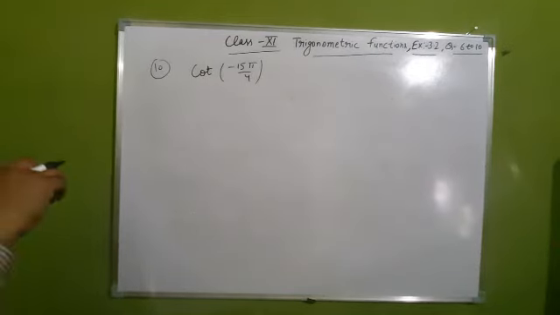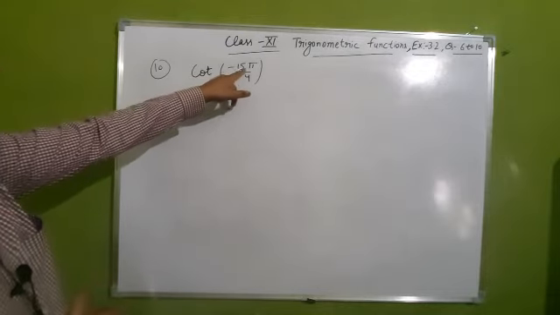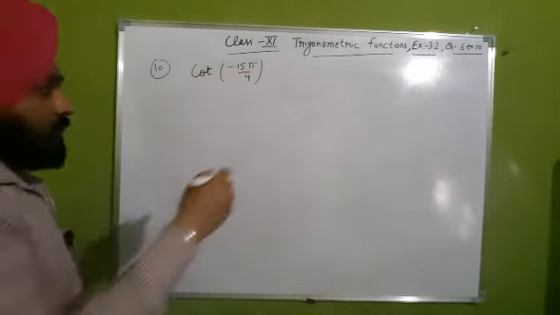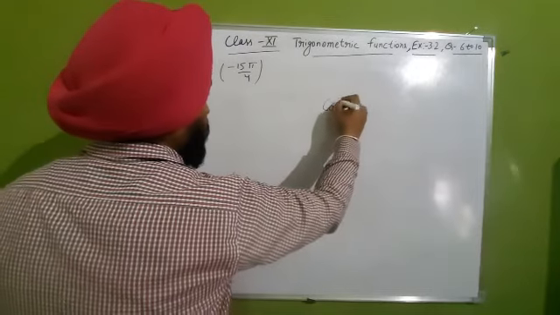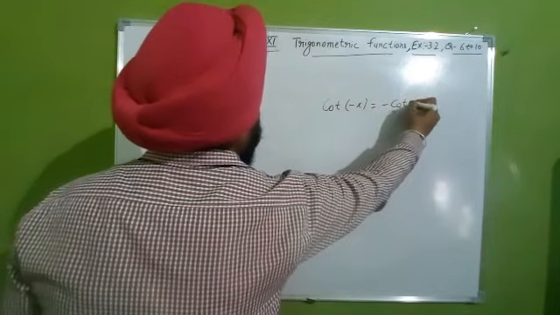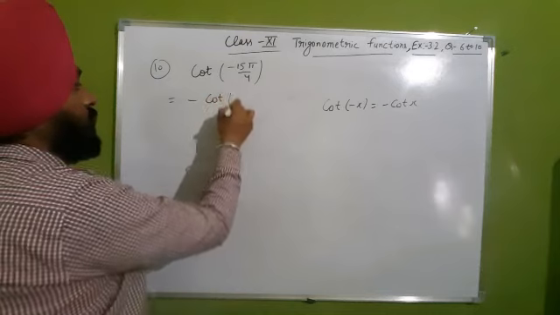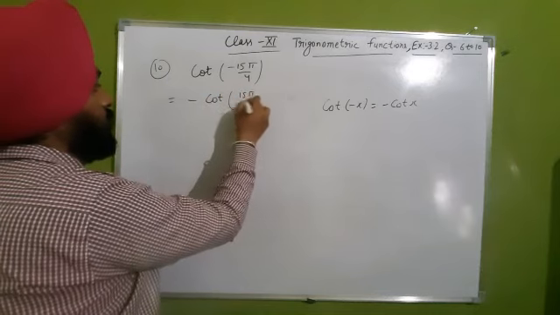Now in the 10th question, we have to find the value of cot minus 15 pi upon 4. As we know, cot negative x is also equal to minus cot x. So it will be equal to minus cot 15 pi by 4.